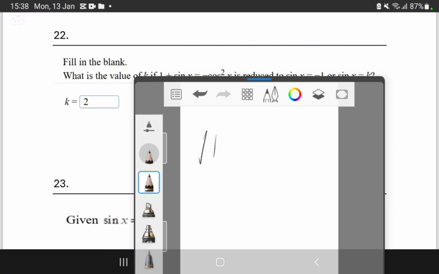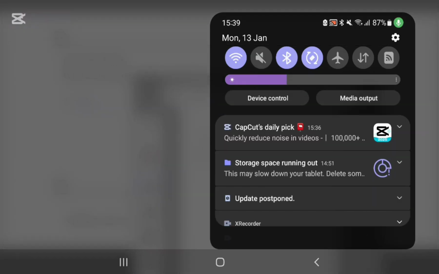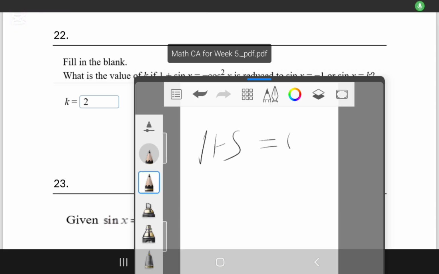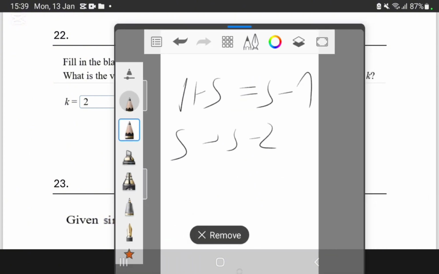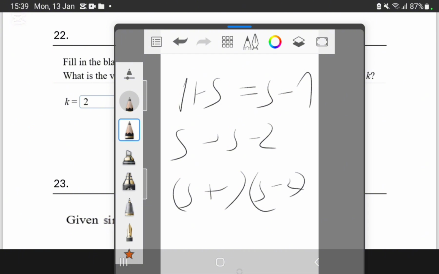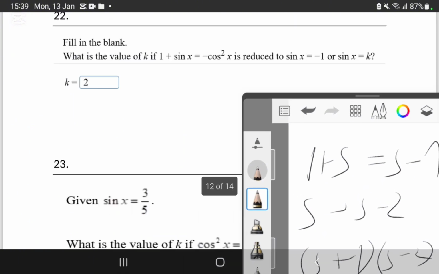So 1 plus sine, which will be s, 1 plus s is equal to s minus 1. Now if we take everything to the other side, s minus s minus 2. After we factor, we can tell that k is equal to 2.